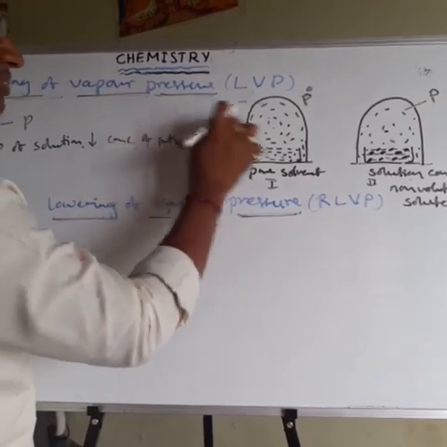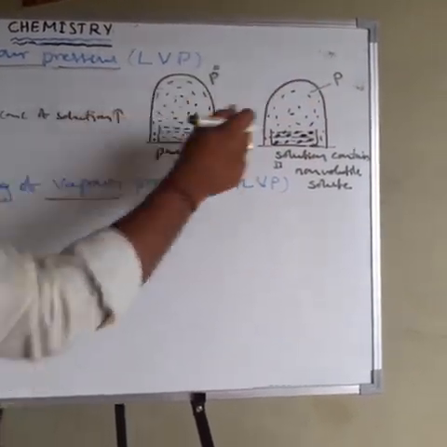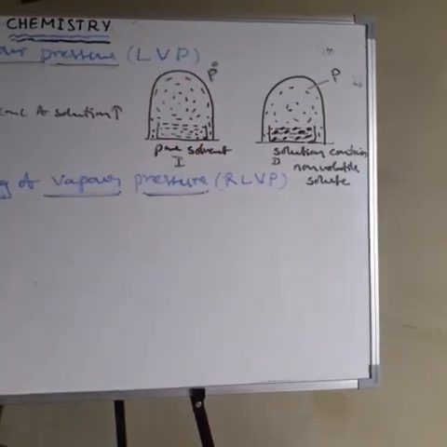Concentration of solution increasing means we are adding more non-volatile solute particles to the solvent. At that time, the vapor pressure of the solution is very low. That's why the vapor pressure of the solution decreases when the concentration increases, because the solution contains more non-volatile solute particles. That is one point.